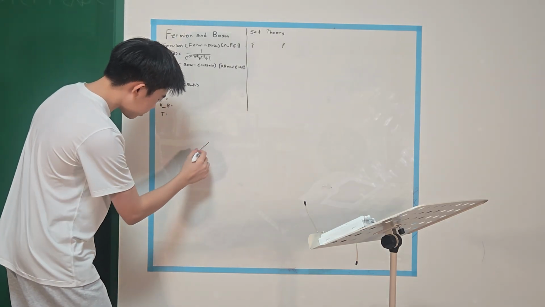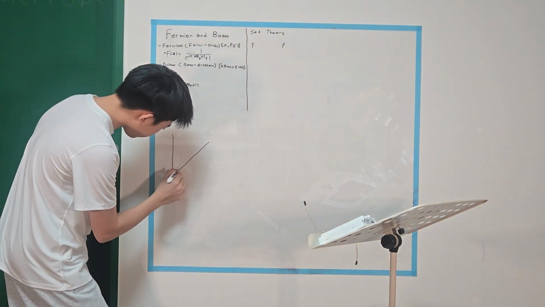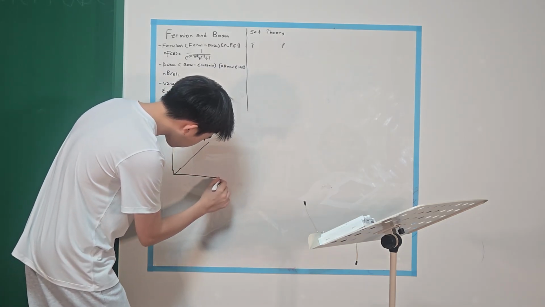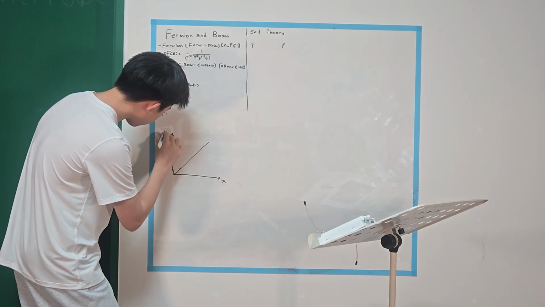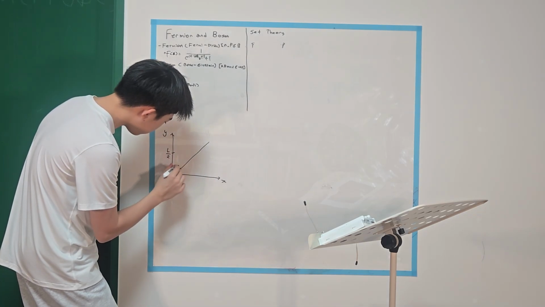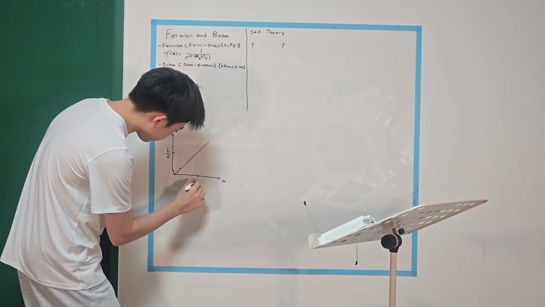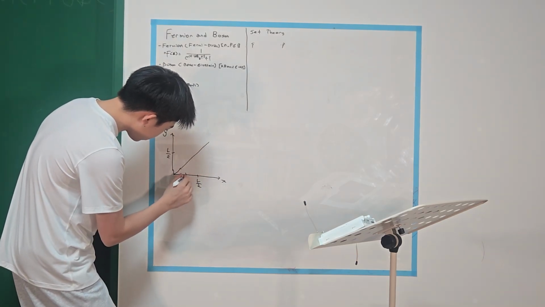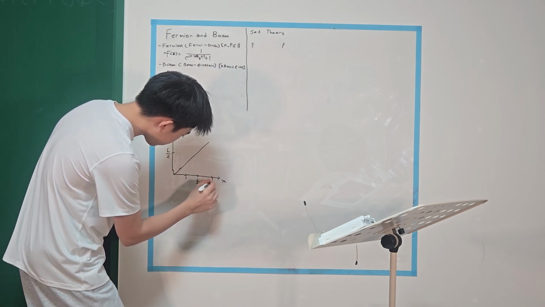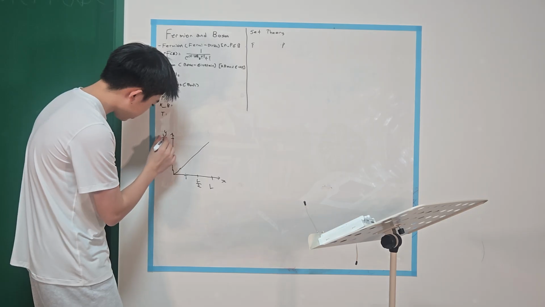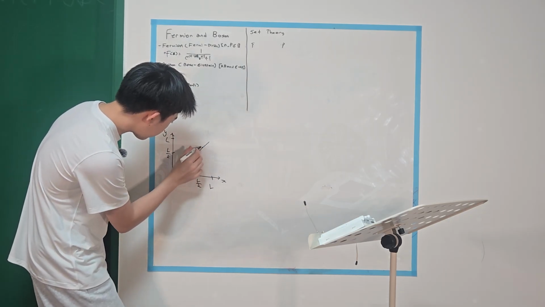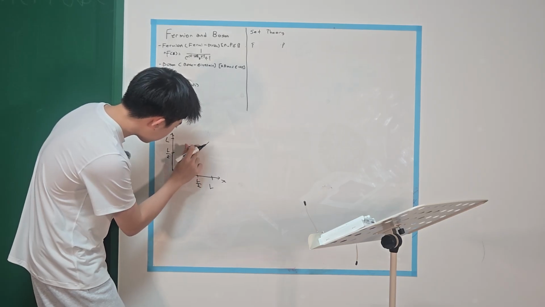For example, if we draw the graph, there is L over 2 and another L over 2. L and L, this part and this part will be made.